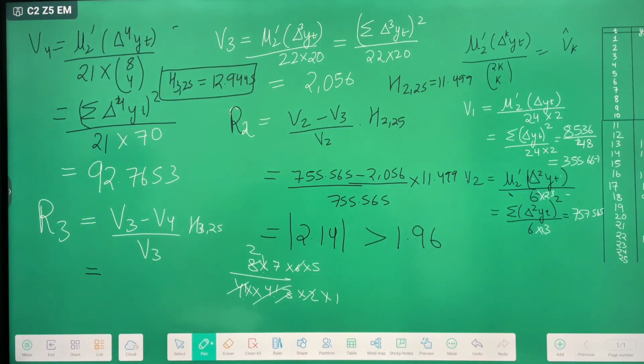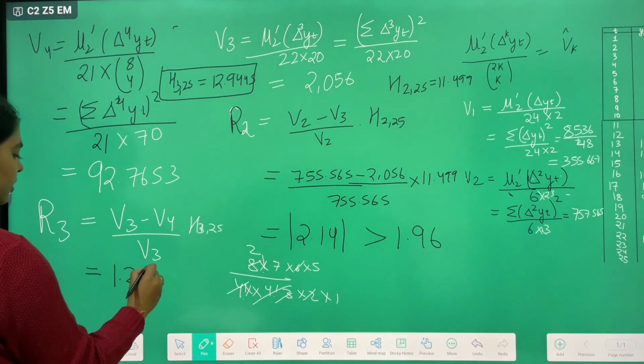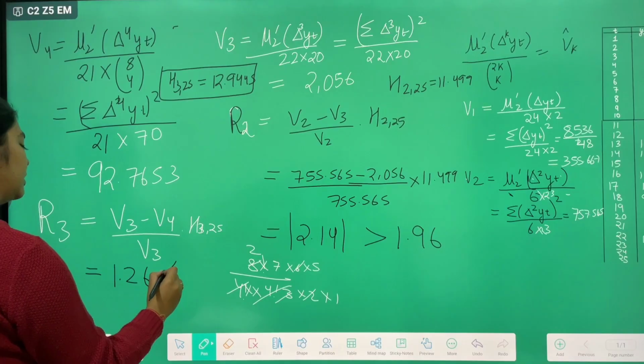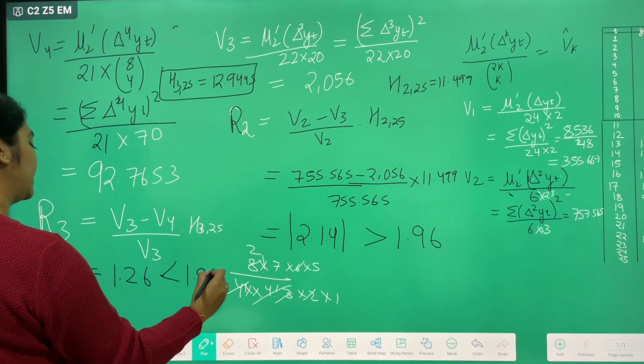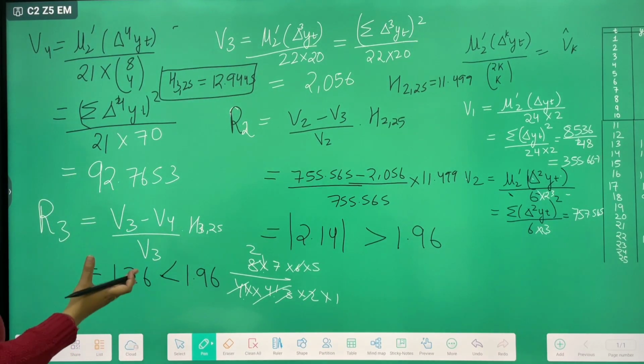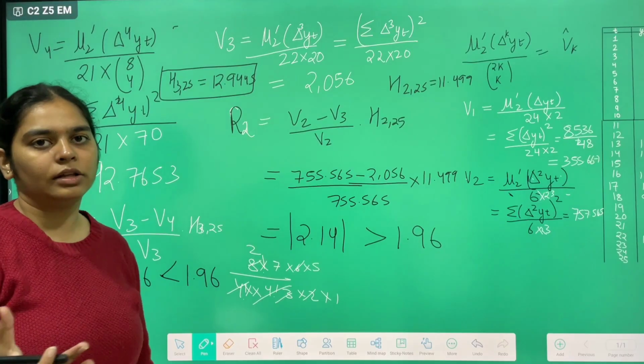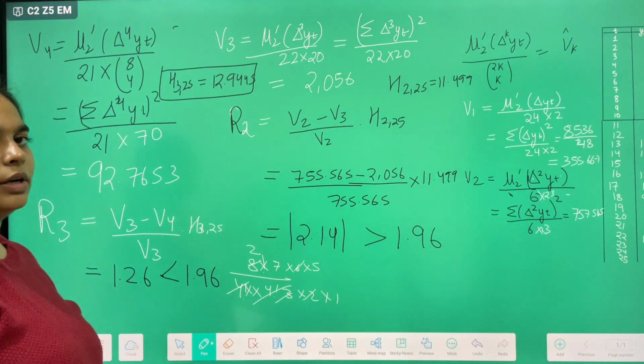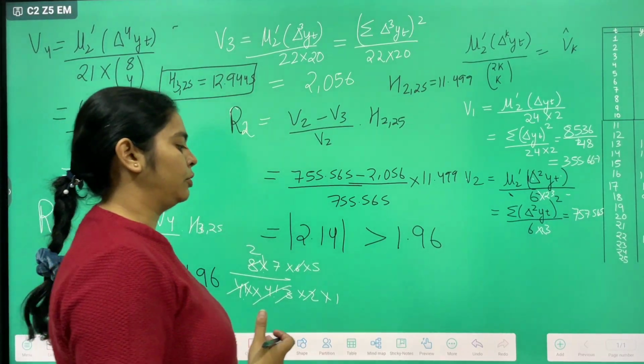This comes out to be 1.26, which is less than 1.96, and hence we can say that either V2 or V3 can be considered as the variance of this process.